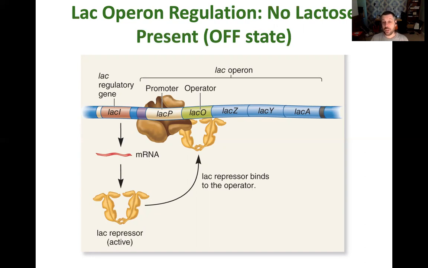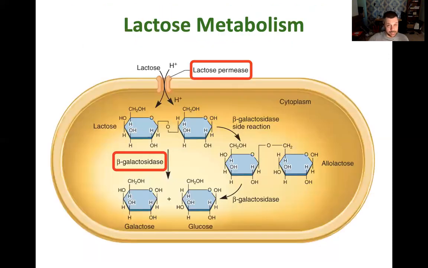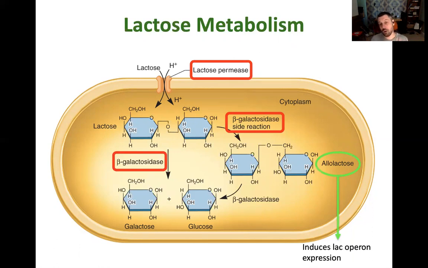Pretty soon that's shut down when another repressor binds, but that sort of leakiness in the system allows a little bit of these genes to be expressed all the time, which means there's always a little bit of lactose permease and a little bit of beta-galactosidase made, which allows the cell a sort of sensing system for the presence of lactose in its environment. And so that's how this works.